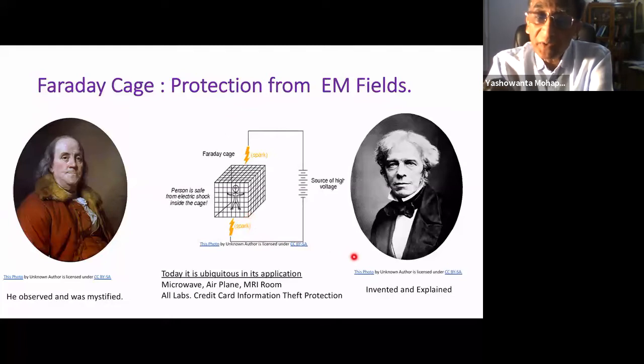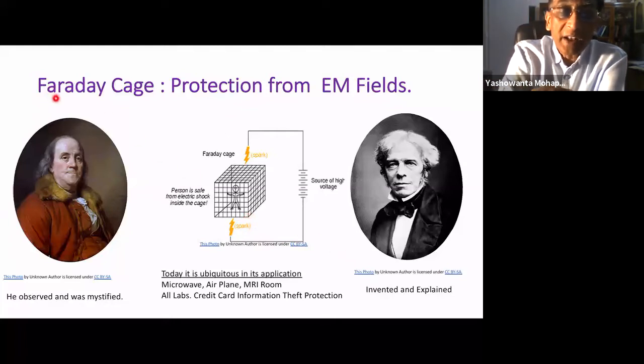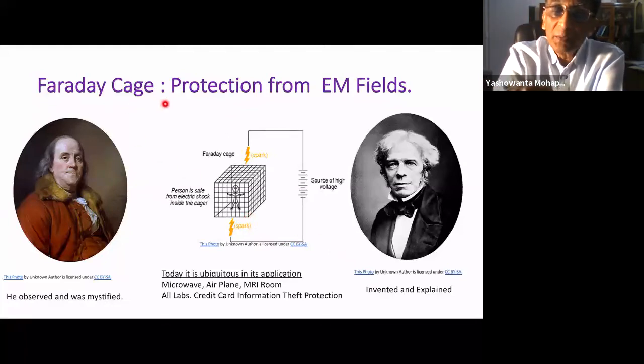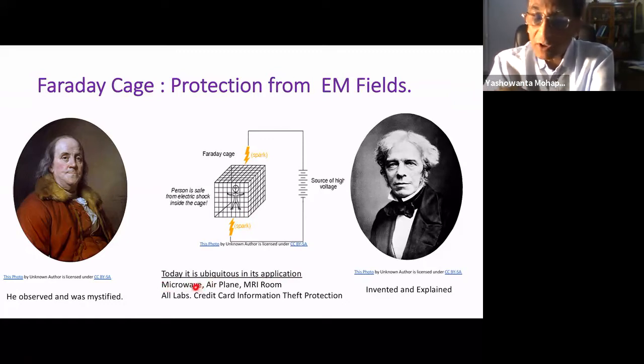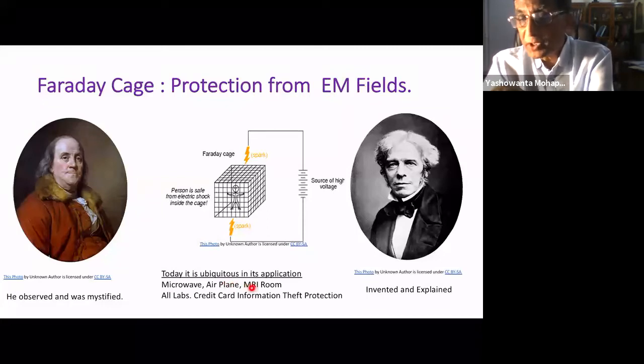And today this phenomenon, which is called the Faraday cage, which gives you protection from electromagnetic fields, is there everywhere in technology: in the microwave that you use in the kitchen, inside the airplane, because it's a metal body. If you go for an MRI for some testing, that room has to be free of electromagnetic interference, so it is completely shielded by metal.